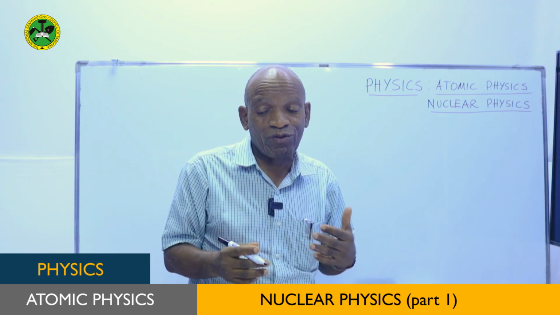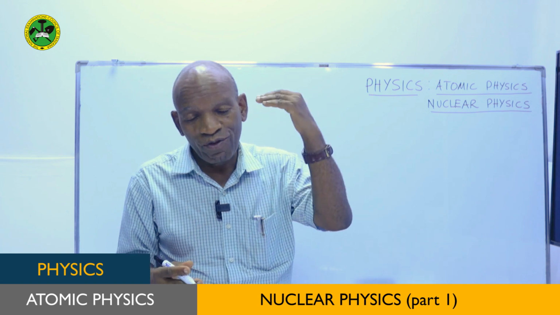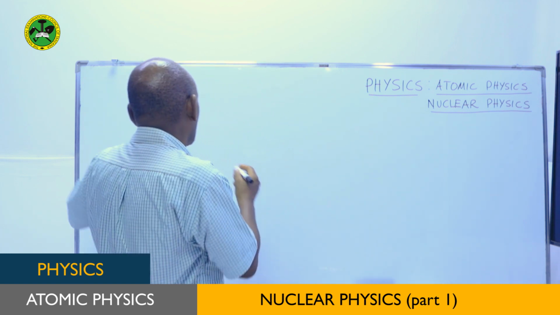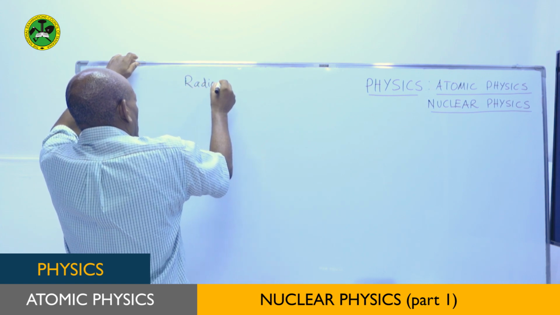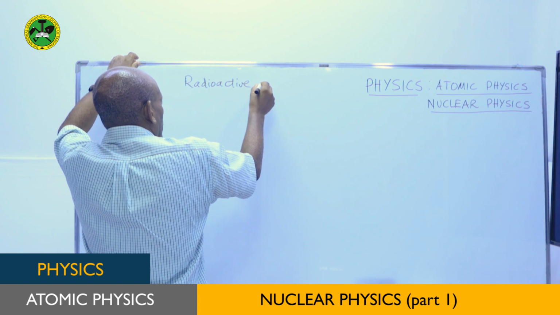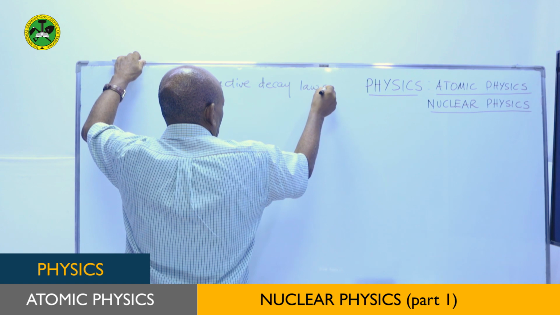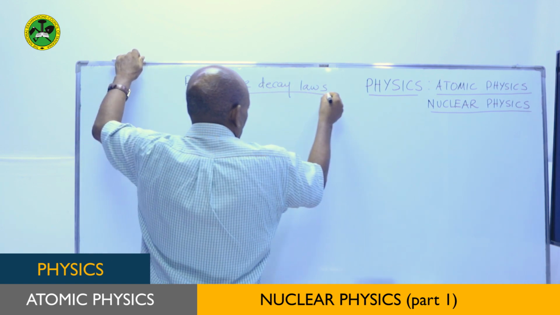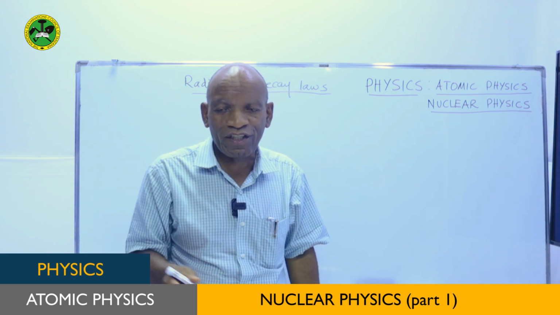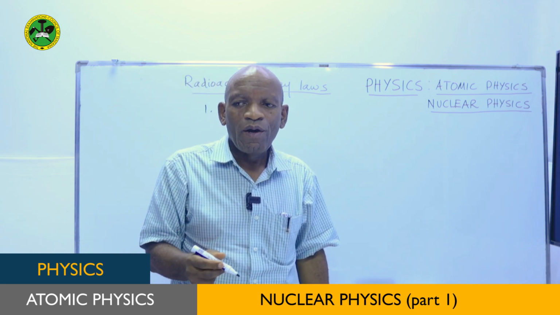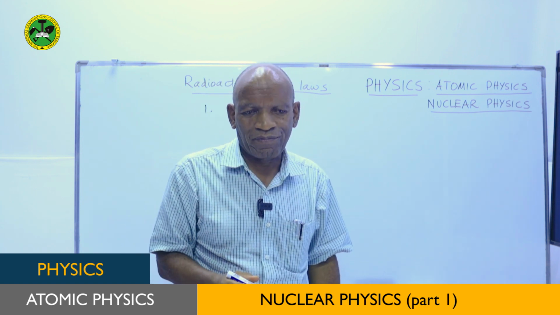Now from there we have what we call radioactive decay laws. We have two radioactive laws. The first one says that the spontaneous disintegration of a radioactive sample produces alpha, beta, and gamma rays.